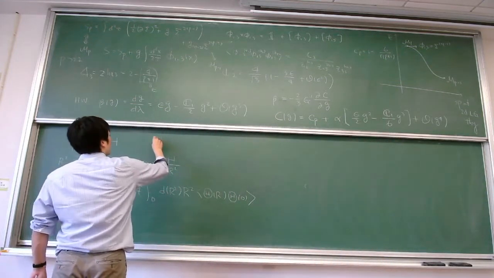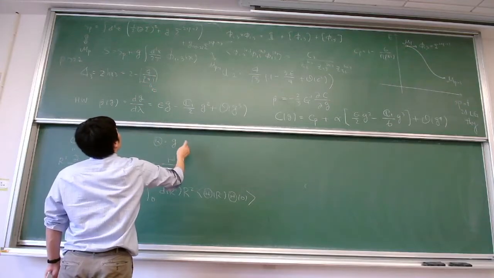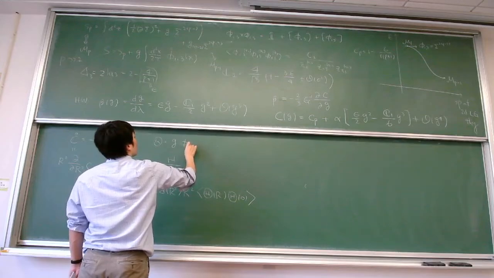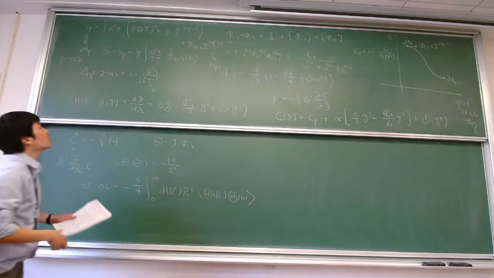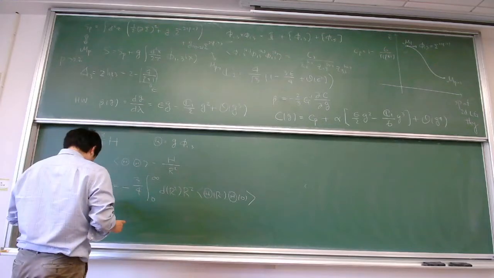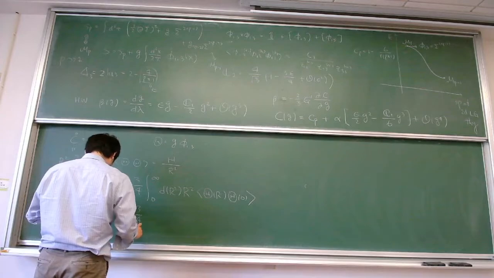So we know theta is equal to this deformation G times phi 1,3. G times phi 1,3. So this is what we know. So plug that one into here, and what you get is the 3 over 4.